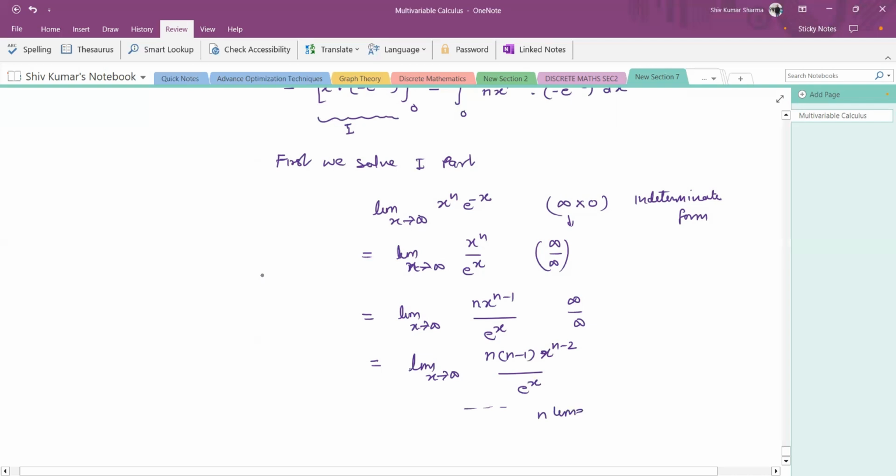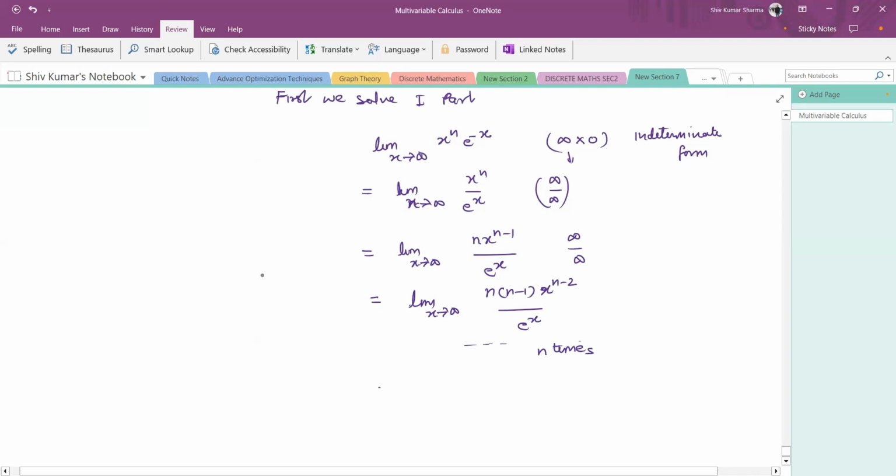So you apply L'Hospital n times, and the numerator will be constant. That means it gives us factorial n. You know that when we have y equal to x raised to the power n, the nth derivative y_n gives us factorial n. So the numerator will be factorial n and the denominator is the same, e raised to the power x.